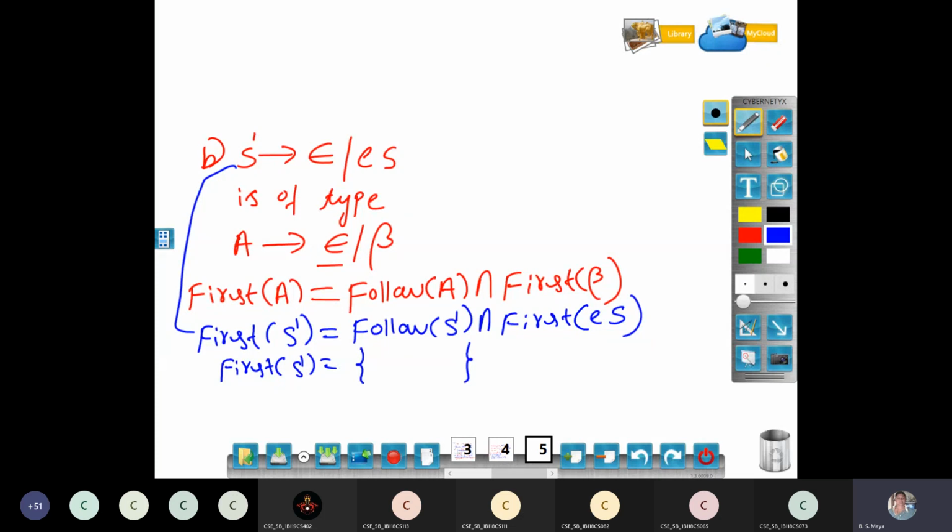That is where you have to go to calculate follow of S dash. Because of that, we have to compute it. Previously, if we computed first and follow, you would not face the problem here. You already know the problem. The same problem we did in the morning class also. What is the follow of S dash?